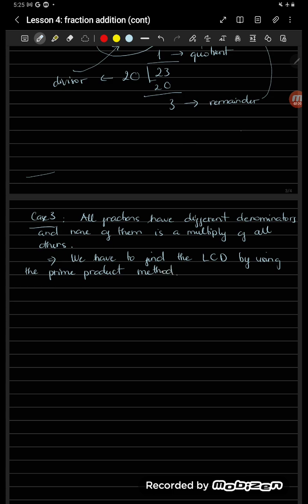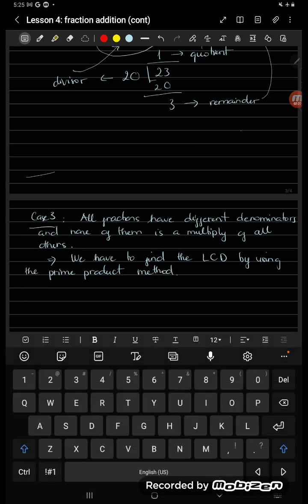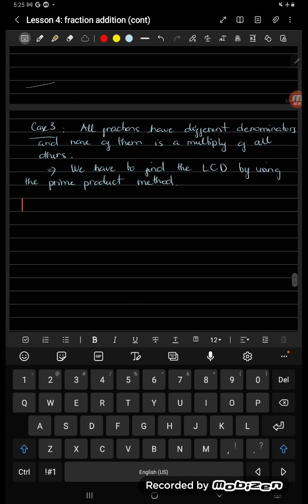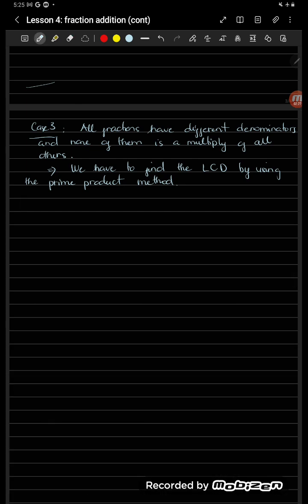What is the prime product method? We already talked about it in other lessons, but I will talk about it again as we go over examples. After we find the least common denominator, we make all fractions become new fractions having the same denominator, and then we can add the top parts together. So now let's go over one example.